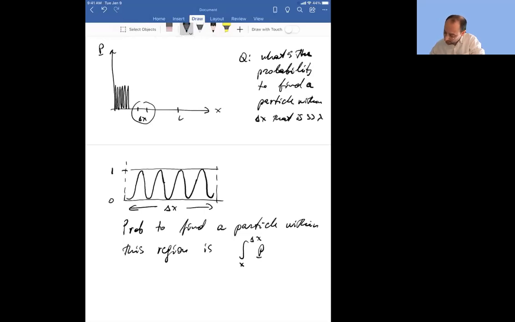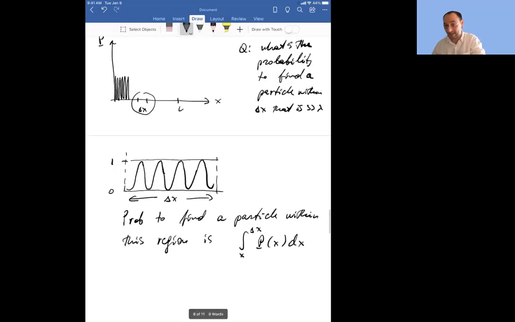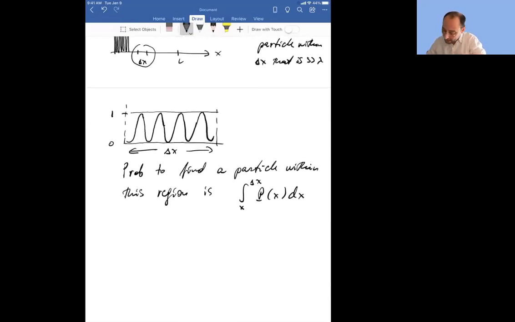well, that's what you have to do, right? You have to be a good sport. That's the probability. This big P is a probability density. Well, that's really the area under this curve. And you can see that it's half of, sorry, this is 1 over L, right?